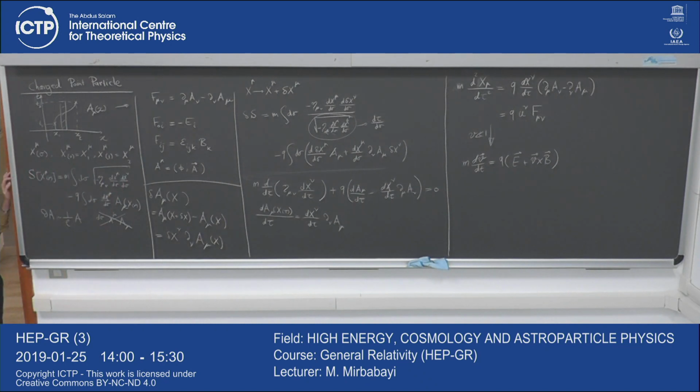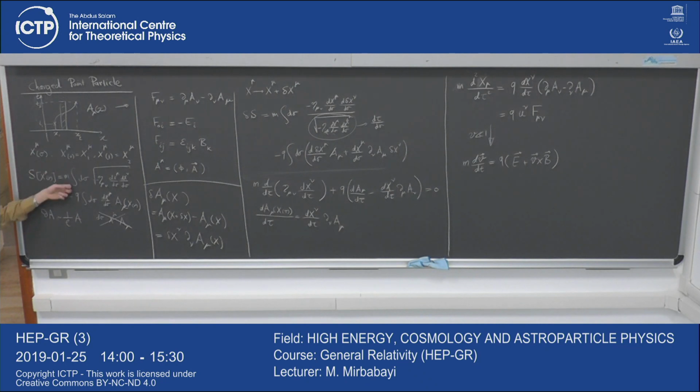But you can see, this is already one simple example of some more general rule for writing actions. We usually write the action as an integral over the world line here, and in the case of field theory, it's the integral over spacetime. So it's a single integral over the dimensions that whatever field we have lives on.